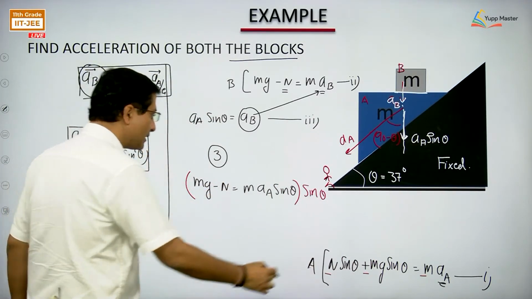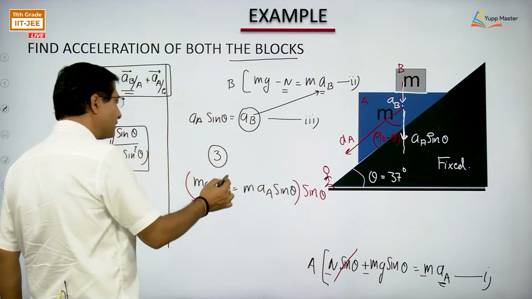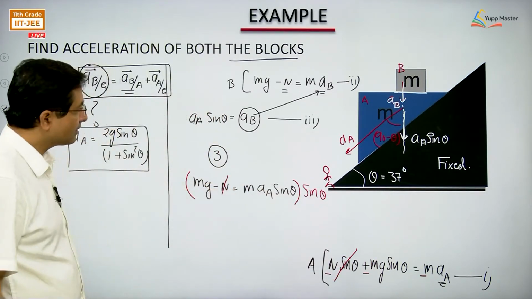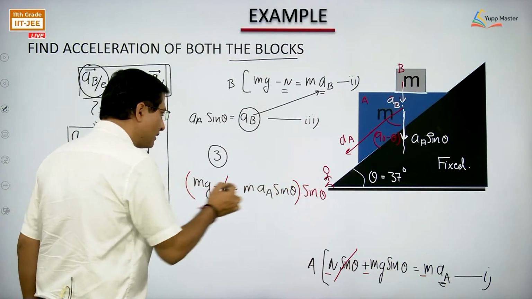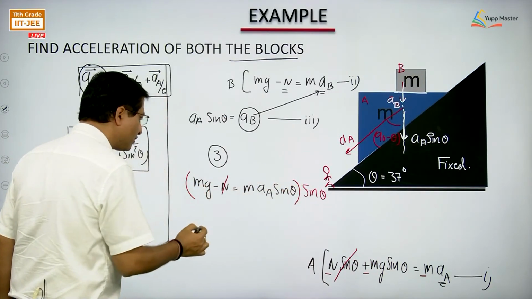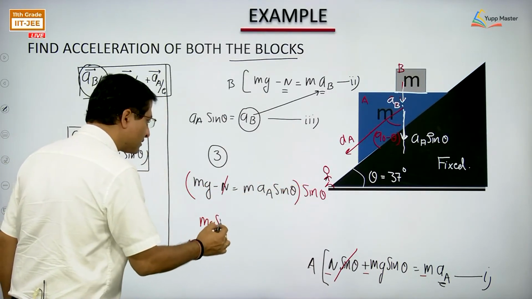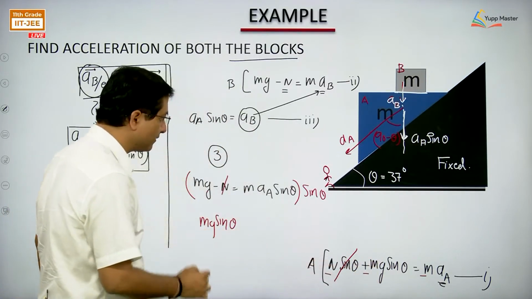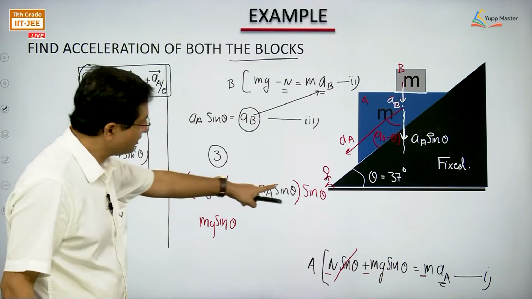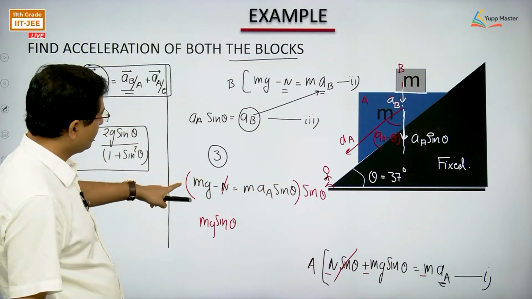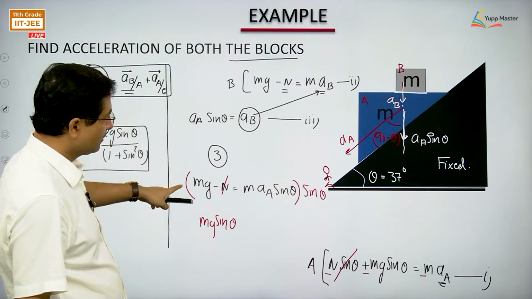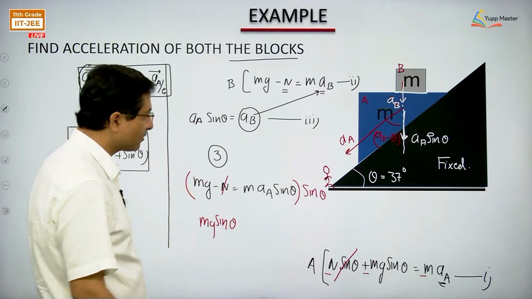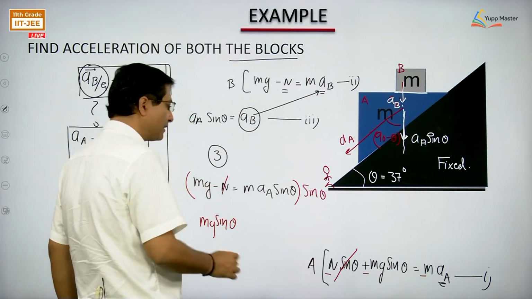So see, this N sin theta, after multiplying by sin theta here, will get cancelled out, and then on this side I am getting mg sin theta. This sin theta is multiplied to the whole equation, mg sin theta this side, and then here we have mg sin theta. We are adding, not subtracting, because this is already with a minus sign.